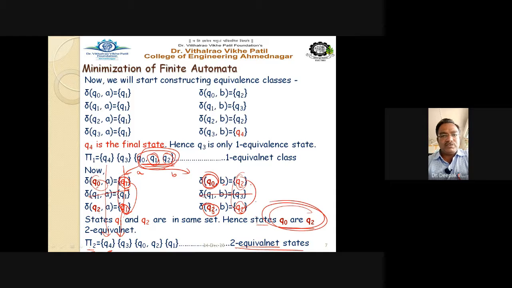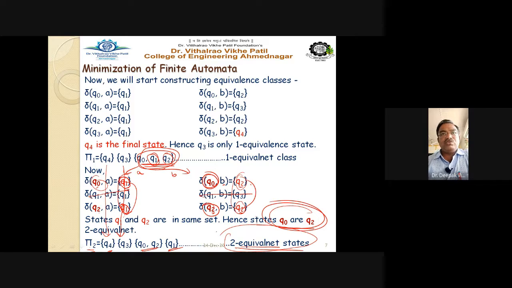These two states we are calling two equivalent states. That's why they are combined together, and one set is prepared for Q0 and Q2, and Q1 is separate. So ultimately Q1 remains a separate one.